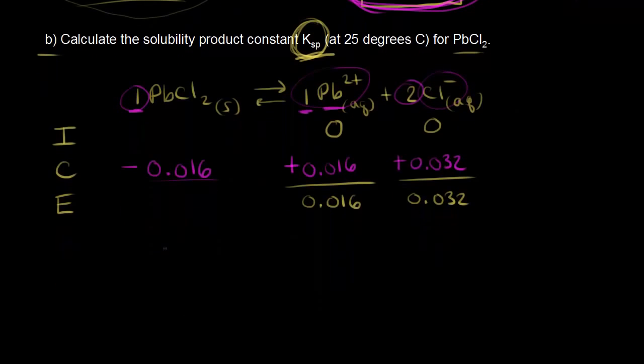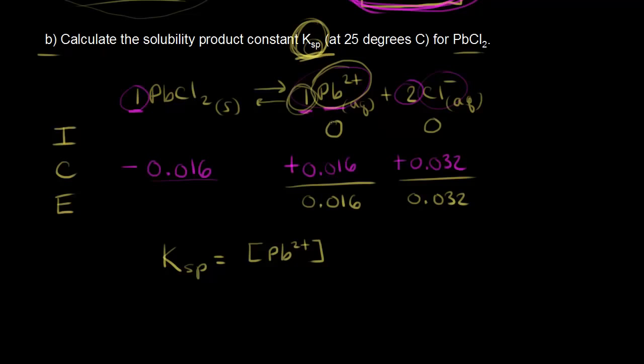So we write K, and since this is a solubility equilibrium, we're going to write KSP. So KSP is equal to, remember, concentration of products over reactants. And for these, we also need to think about the coefficients. So let's think about our products first. Pb2 plus, so we have the concentration of Pb2 plus, and we're going to raise the concentration to the power of the coefficient.